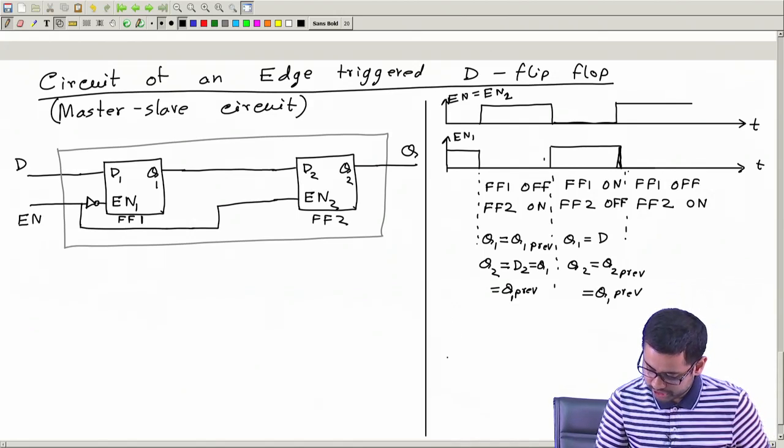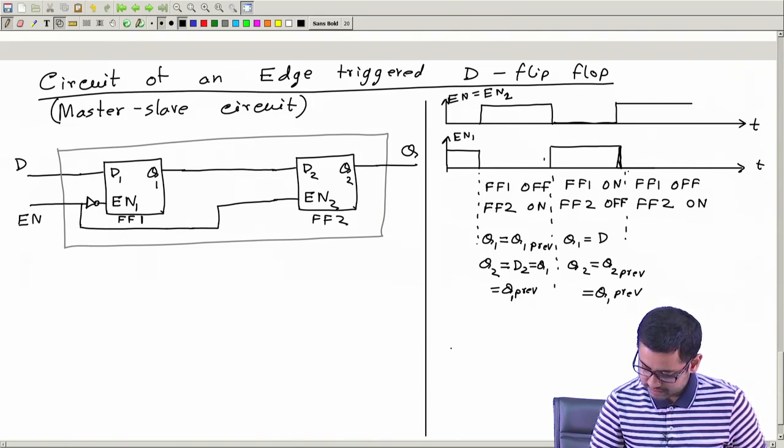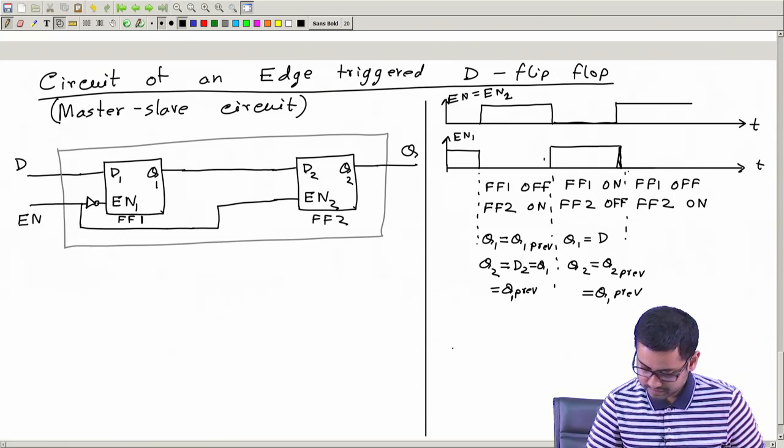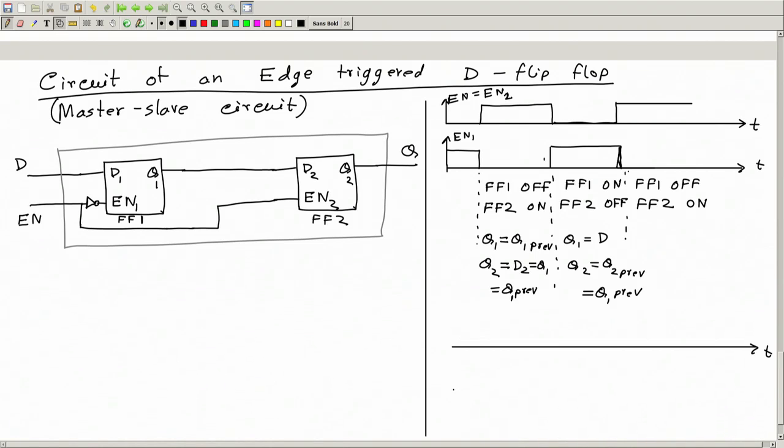So let me draw the value of Q1 and Q2 as well. Here I draw Q1 and Q2. Okay, now Q1, I do not know what the value of Q1 was before this instant, so let me call this value whatever that is. It can be 0, it can be 1, I do not know. I'm just calling it Q1 previous.